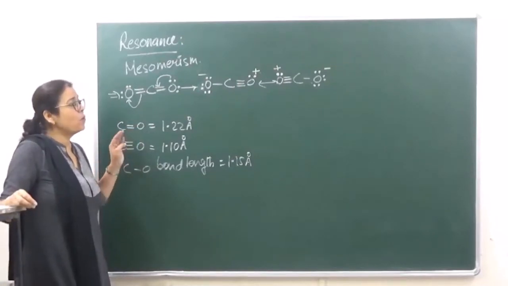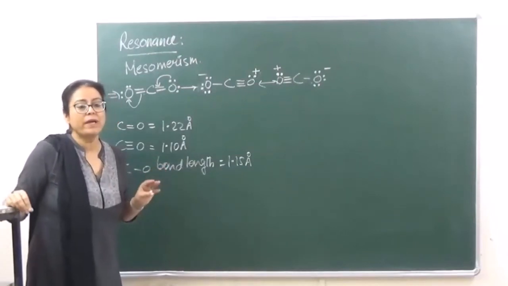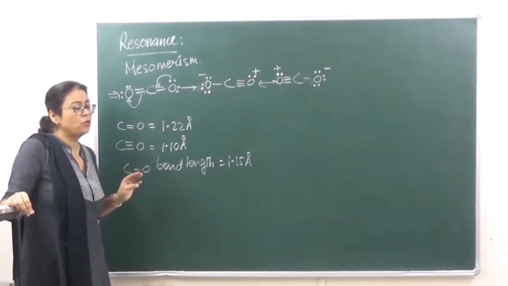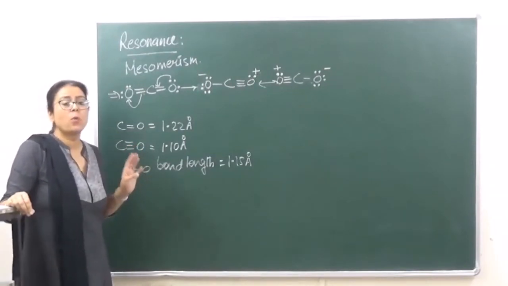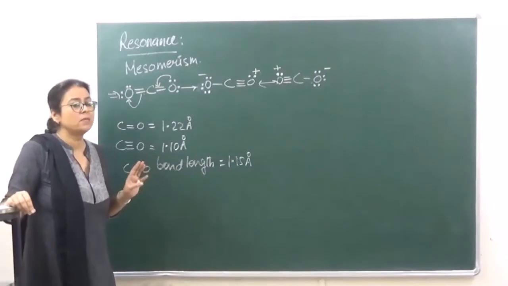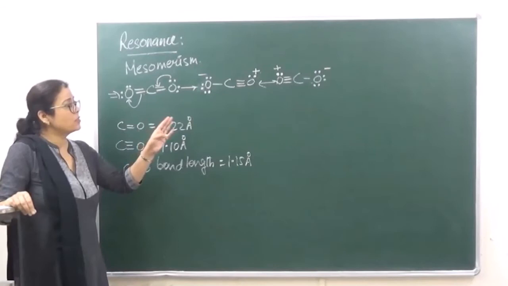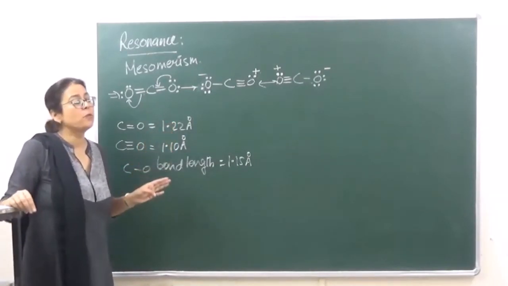So whenever one particular structure is unable to explain the characteristics of that particular molecule, it is suggested that the molecule does not exist in one structure, but in more than one structure. These more than one structures are known as the resonating structures or the mesomeric forms.